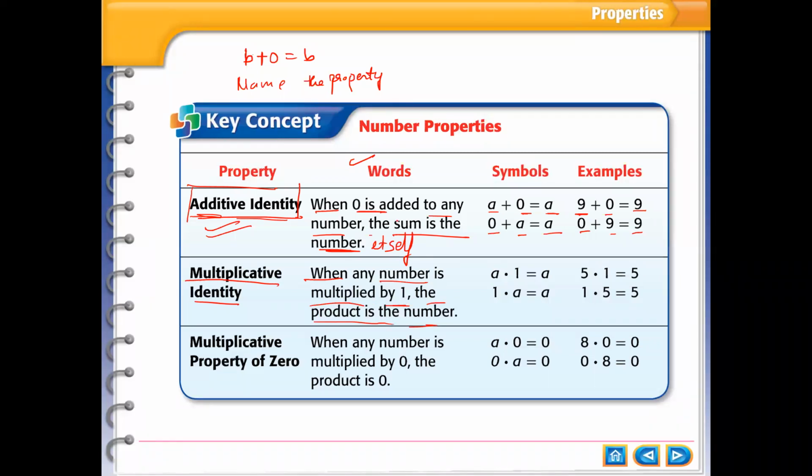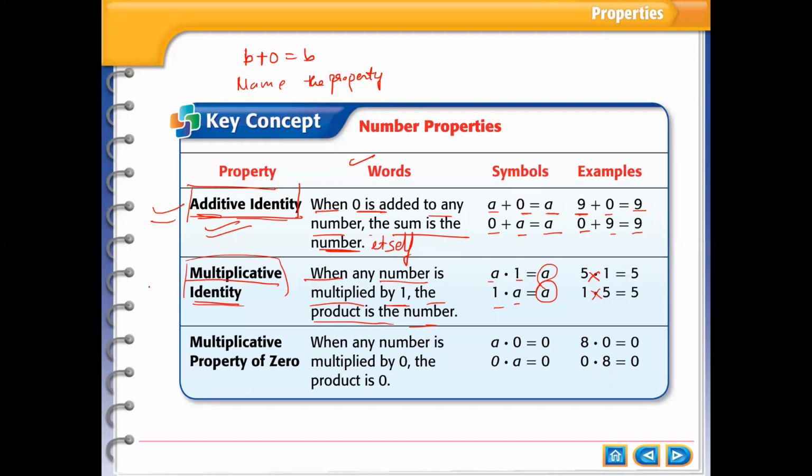What it is saying is, if I multiply 1 with any number or any number with 1, I will get the same number. For example, 5 into 1 is 5, and 1 into 5 is also 5. So students, this property is called multiplicative identity property. Is it okay? So in additive identity, what we were doing, we were adding a 0 to any given number.